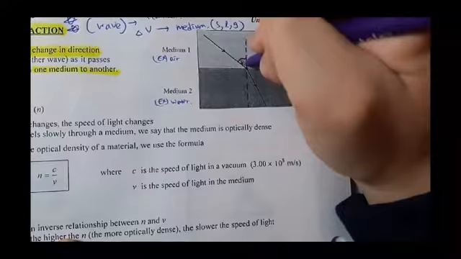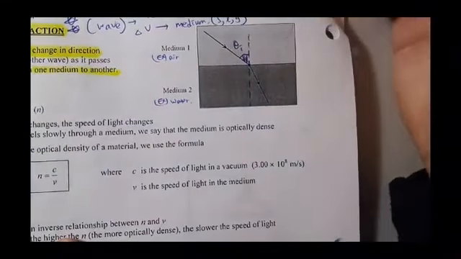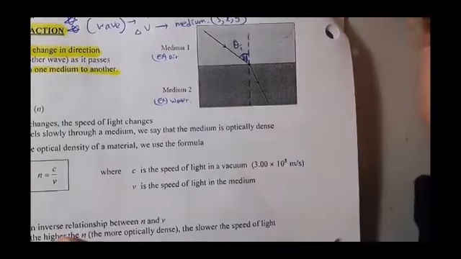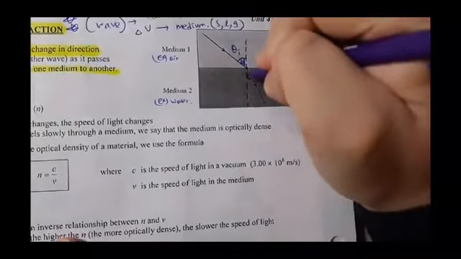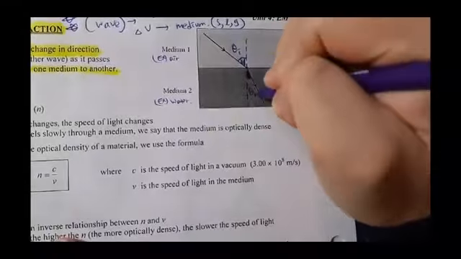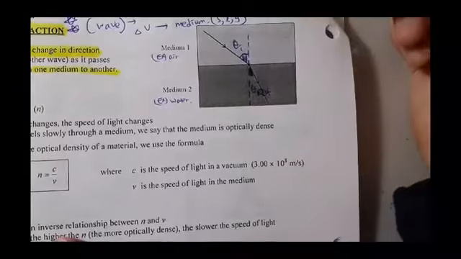This angle, we learned about this one, theta i, incident angle, is exactly the same as that. And number 2, which is this angle, is the angle of refraction this time.